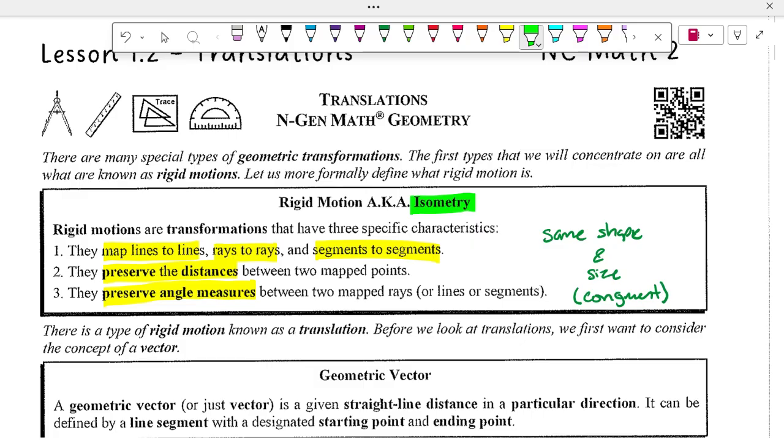Now, before we talk about the rigid motion known as a translation, we need to consider the concept of a vector. Has anyone ever heard of a vector before? Vectors are more of a scientific term. They're mainly used in physics.